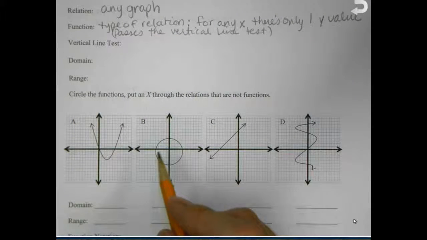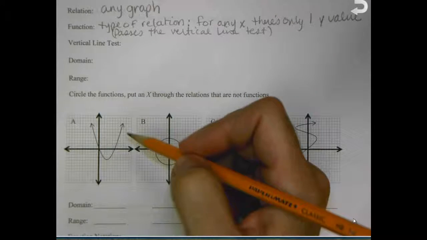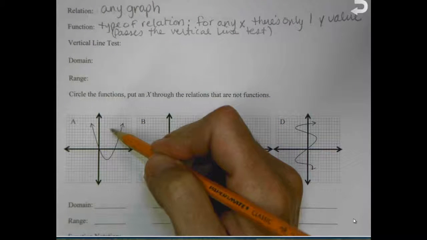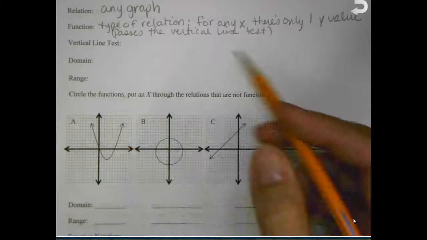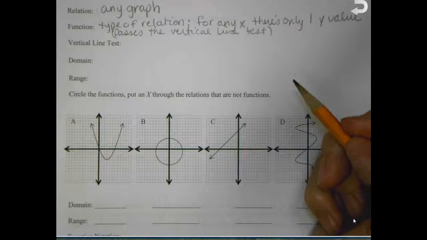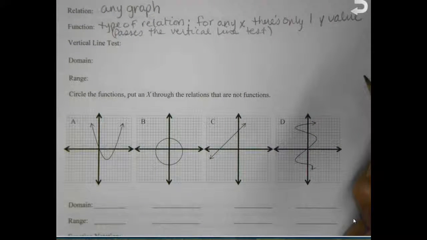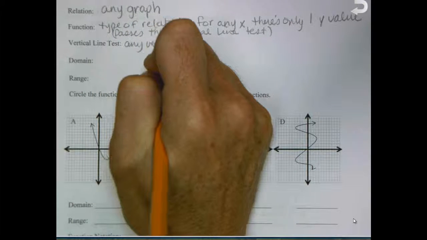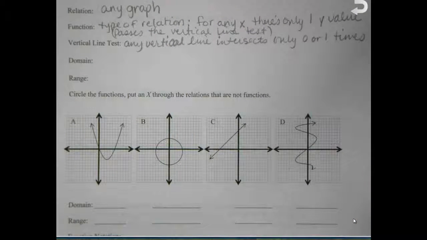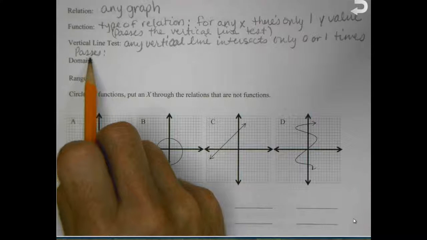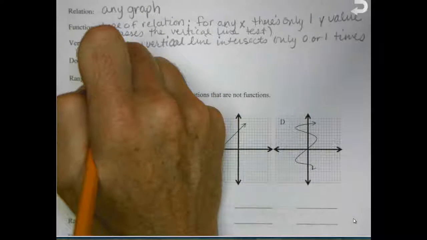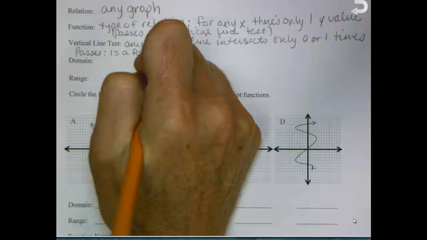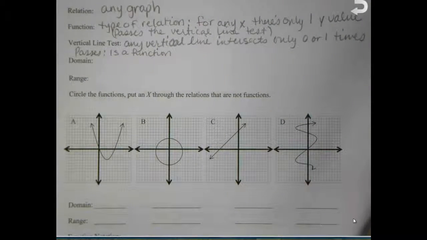And the vertical line test is a handy test where you take a vertical line and anywhere that you place it on your graph or your relation, it'll only intersect it 0 or 1 times. So any vertical line, only 0 or 1 times. If it passes the vertical line test, then it is a function. Otherwise, it's just a relation.